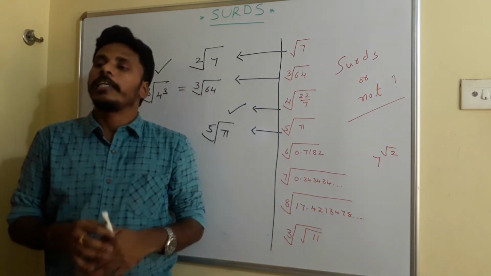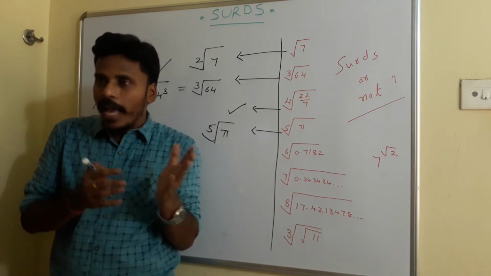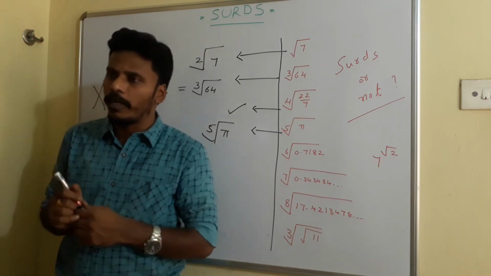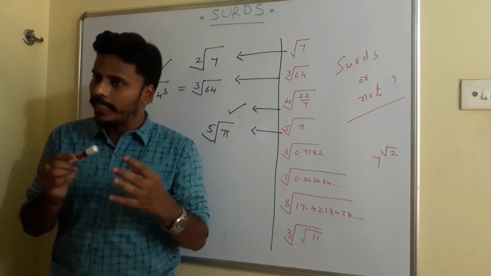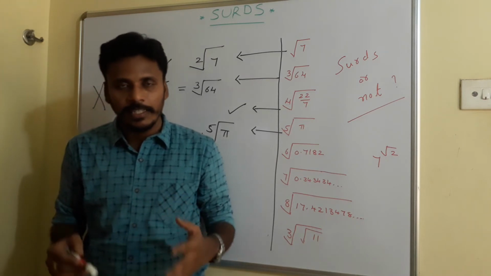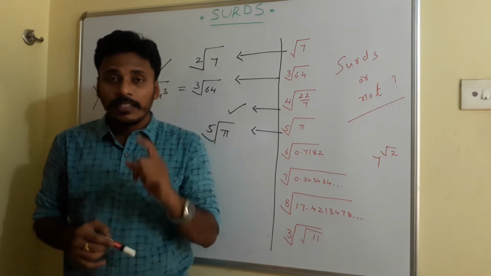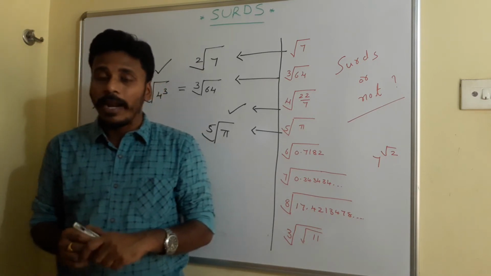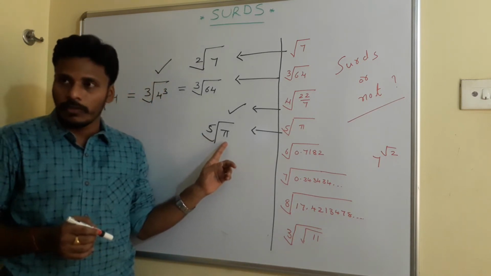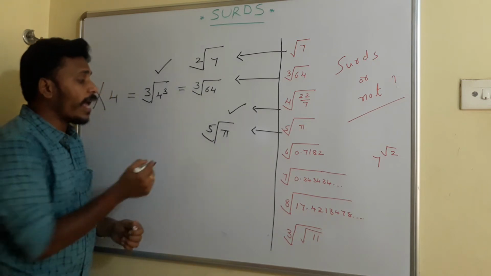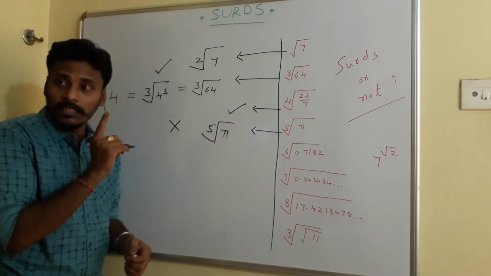Right? See, pi has an infinite number of decimals after the decimal point. It is neither a terminating nor repeating decimal. So, thus pi is considered as an irrational number. Since pi is not a rational number, but it is given under the fifth root, this is not a surd. I think this is clear.